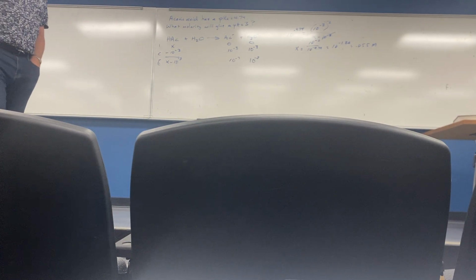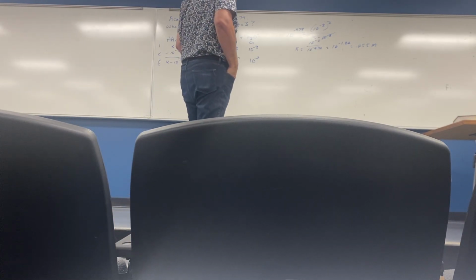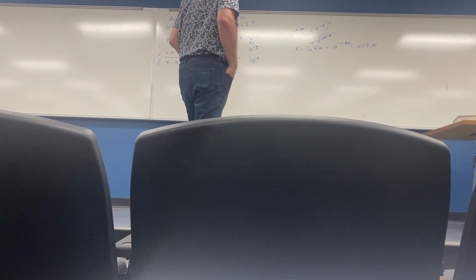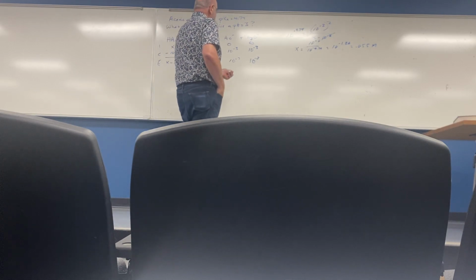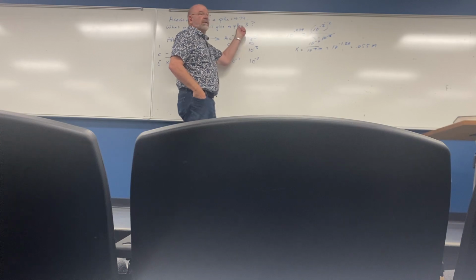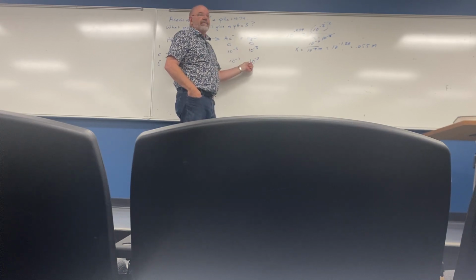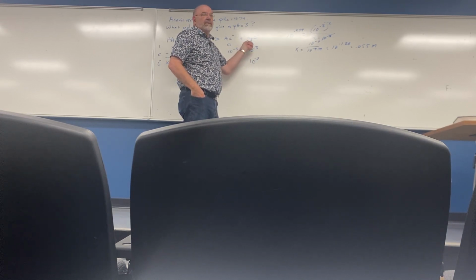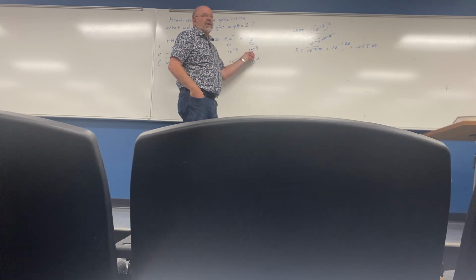Where did the x's go in the products? I know what the pH is, so I know that number. And I know it started at 0, so the amount that breaks up is not unknown. I know how much it is.